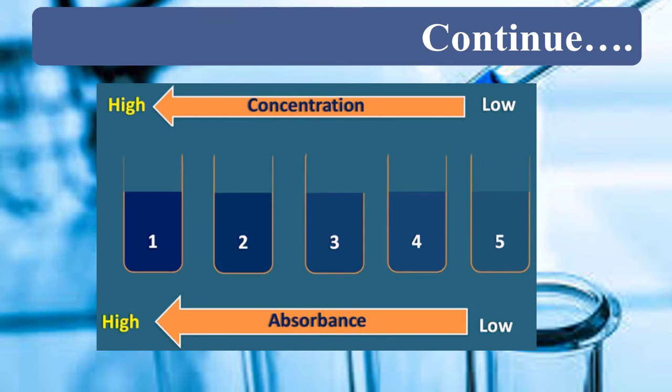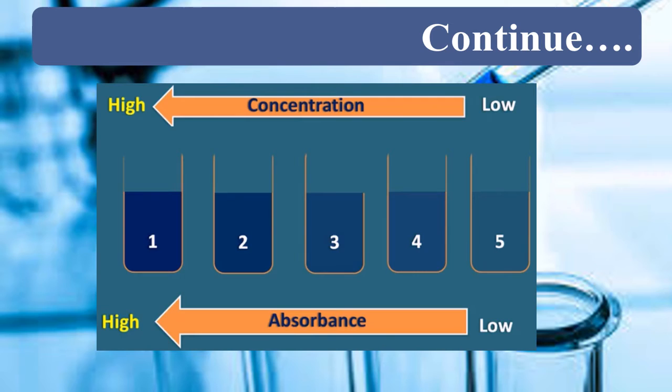Suppose we have 5 solutions, each one of them with a different concentration. The fifth solution has low concentration as compared to the first solution, which has high concentration. So as you can see in the slide, the fifth solution has low absorbance as compared to the first solution, meaning the concentration is directly proportional to the absorbance.